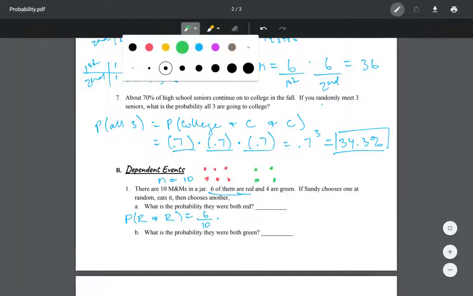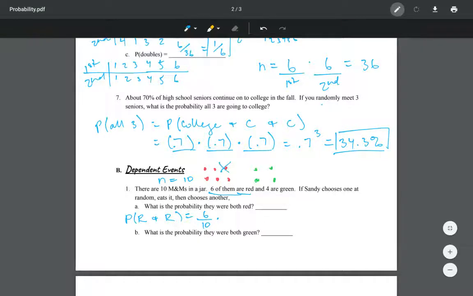Luckily, they're M&Ms, I can draw that. Okay, so Sandy picks one. She eats it, so it's gone, and then she wants to select another one. So I assume the first one was red. Otherwise, this probability theoretically doesn't make any sense, right? I'm looking for favorable outcomes. So 6 out of 10 would be the probability for the first favorable outcome.